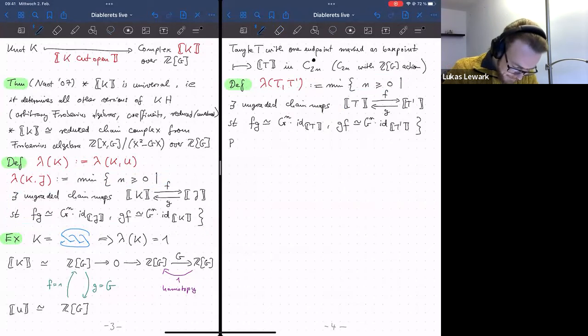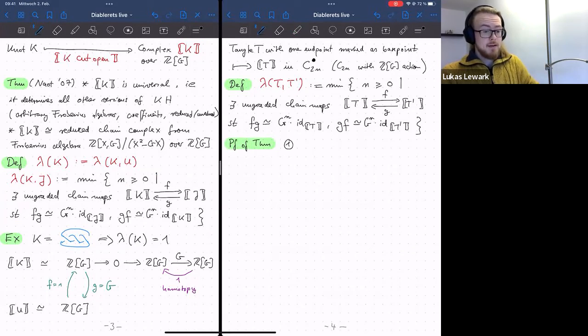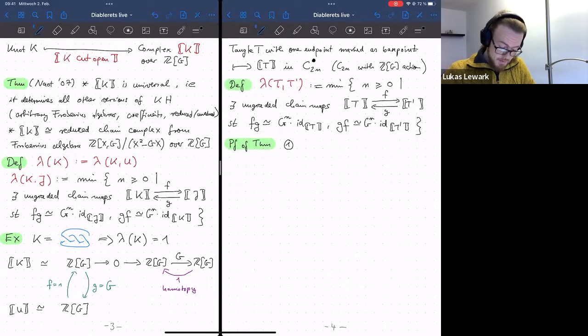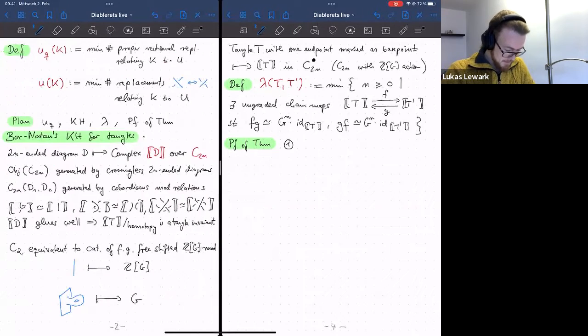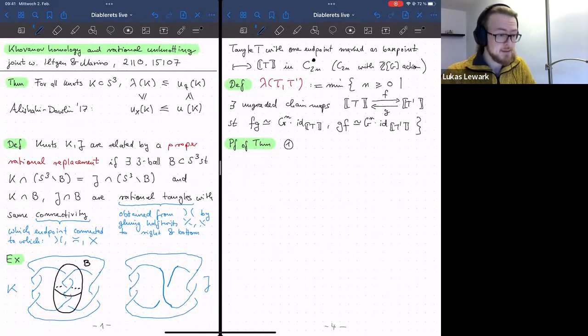And now that we have extended lambda, we can prove the main theorem. It's just 2 steps. So what we need to show is that when we do a proper rational replacement, just remember from the first slide what that is, then lambda between those 2 knots should be at most 1.